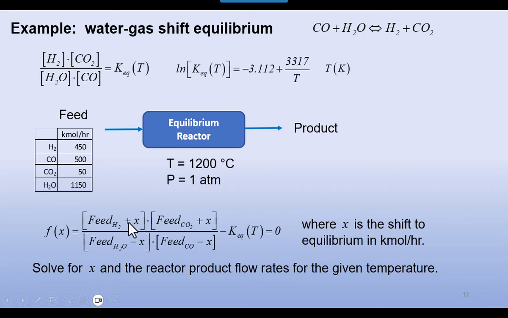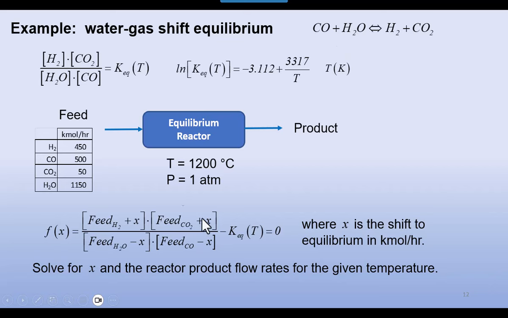What we say is that the hydrogen on this side undergoes an addition shift. Now X could come out being negative, and the CO2 the same, because these are equimolar reactions. And in order to have that happen, we have to have the opposite shift on the part of the constituents on the other side.